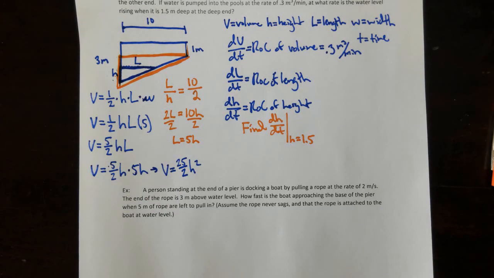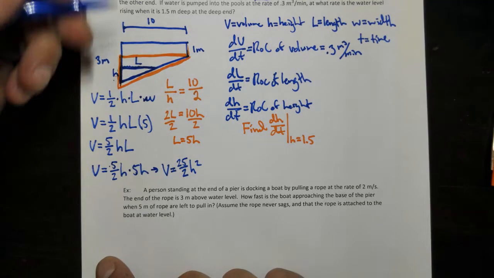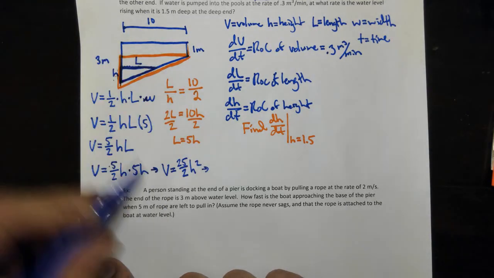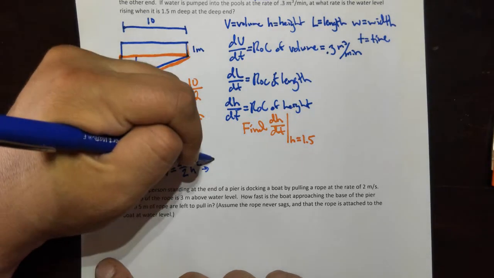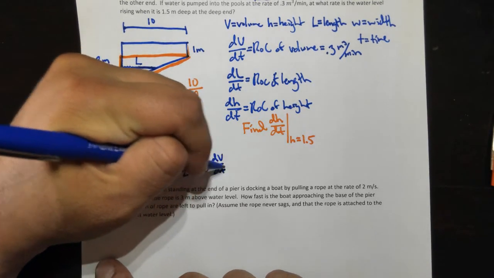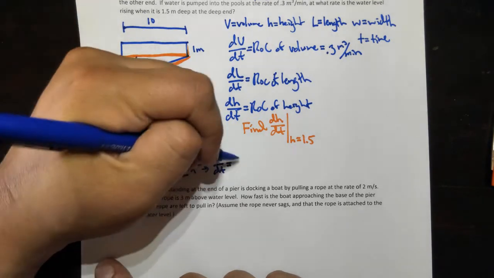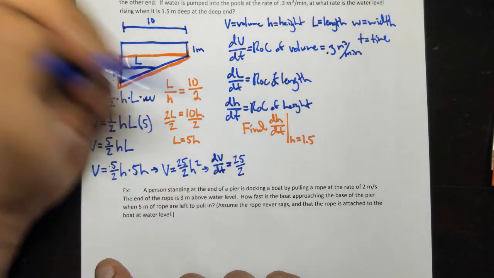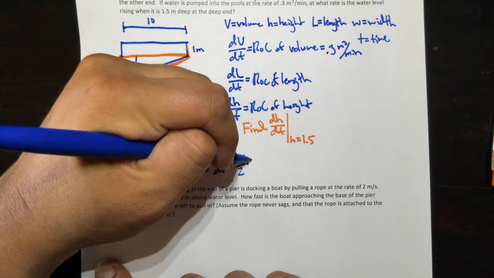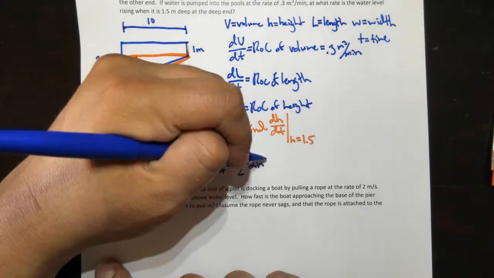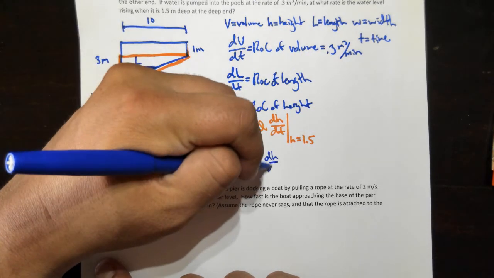And now we can take the derivative of this thing, now that we have it all nice and good for us. So, to take the derivative, we should be getting pretty good at this by now. dV dt is equal to 25/2 times 2h dh dt.